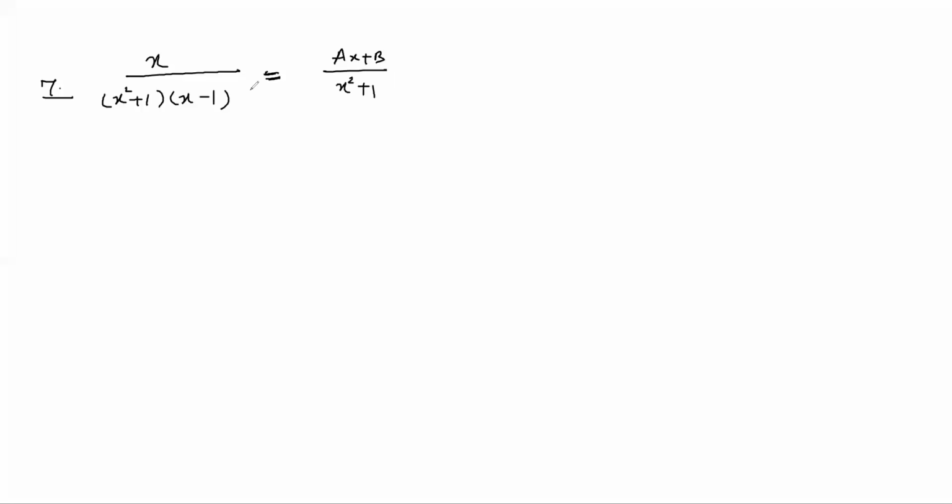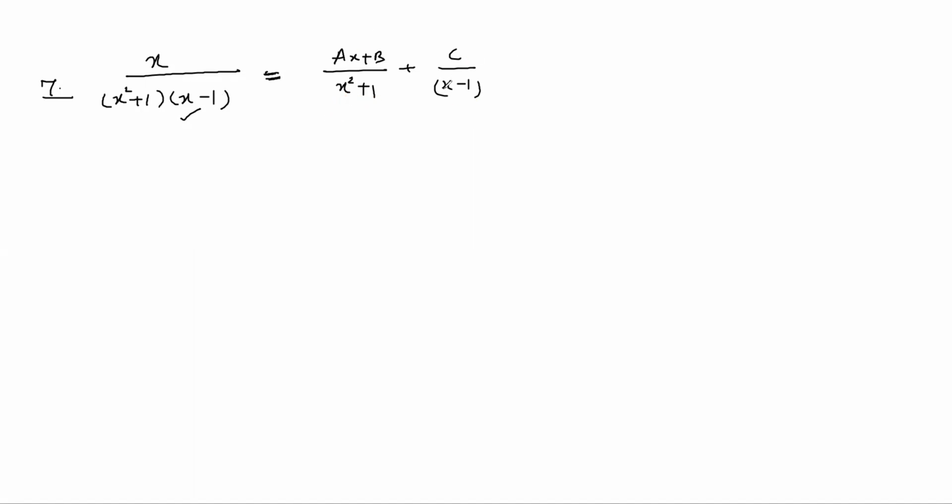Okay, and you can see that the second bracket is very simple, so it is c upon x minus 1. One more thing I want to tell you. Whatever the degree you have in your denominator, you must have degree just less than that in the numerator. As here you have degree 2 and here you have degree 1. Here you have degree 1 and here you have degree 0. Okay, so this is the whole thing about this ax plus b and this c only.